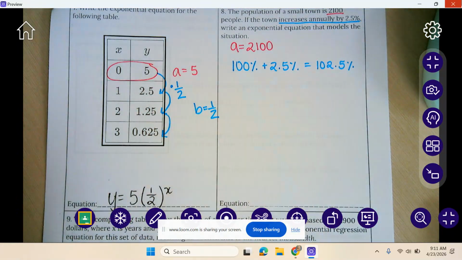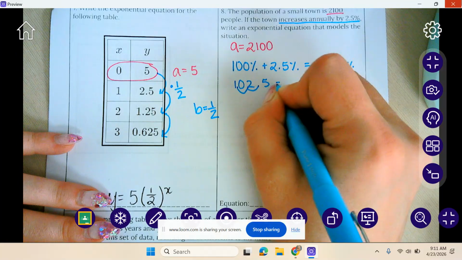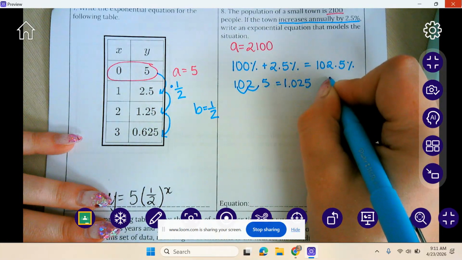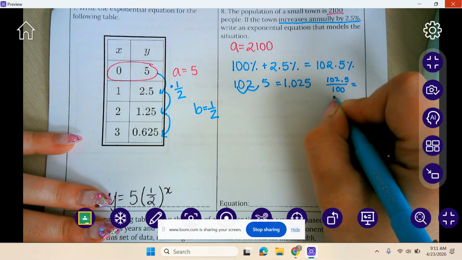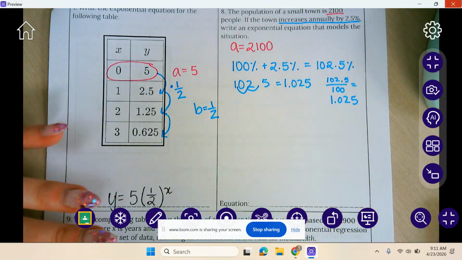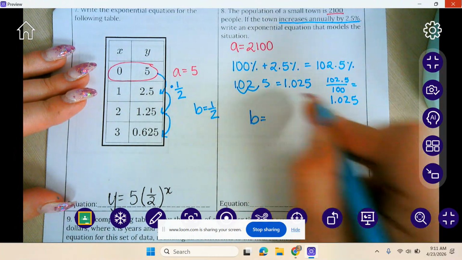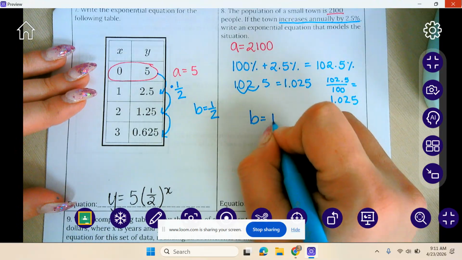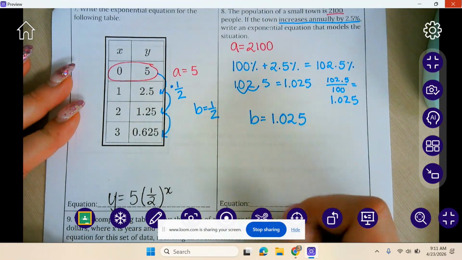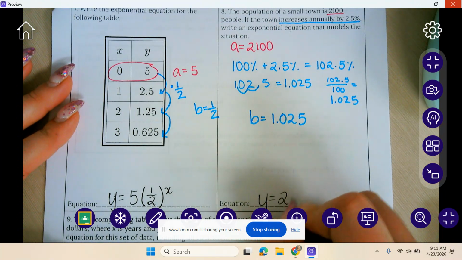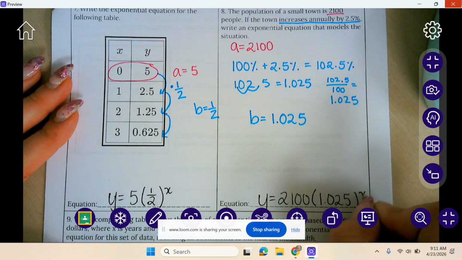Once again, you can either move the decimal place over 2 times, or put it in Desmos as 102.5 over 100, and that gives you the same answer of 1.025. So my B value is 1.025, and my final equation is y equals 2,100 times 1.025 to the power of x.